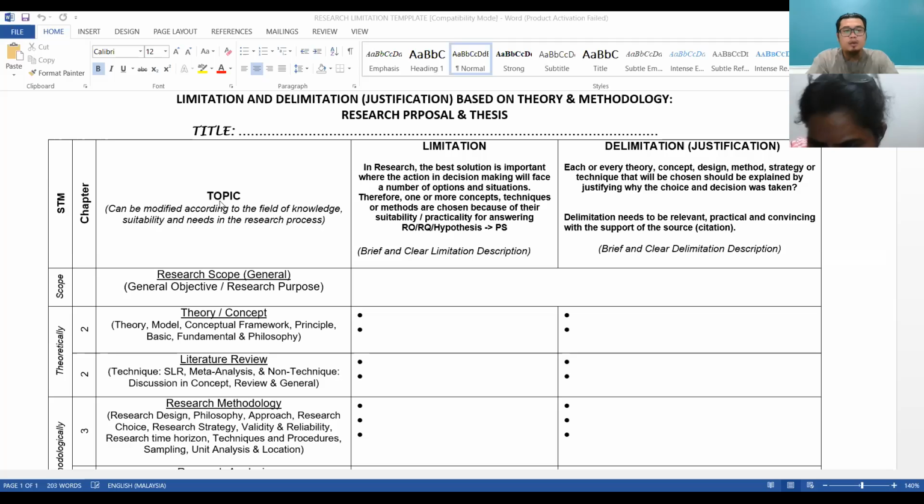Regarding this, the topic can be modified according to the field of knowledge, suitability and needs in the research process. The next column is limitations. You need to put here the ideas or points regarding limitations. What are limitations?